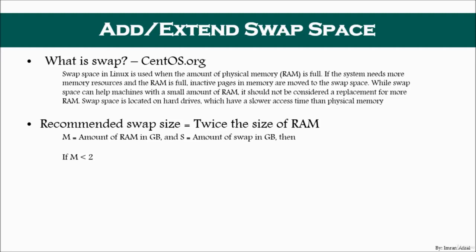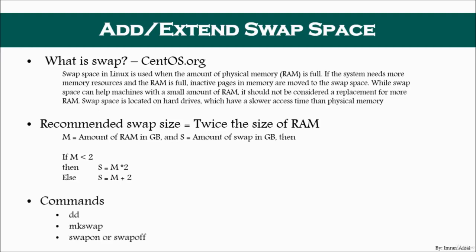If M is less than 2 gig, then the size of swap, S, is M times 2. Else, swap will be M plus 2. So that's a general rule of thumb.